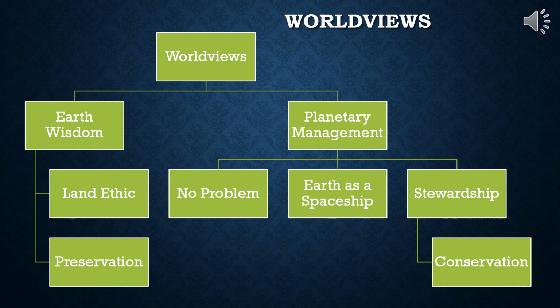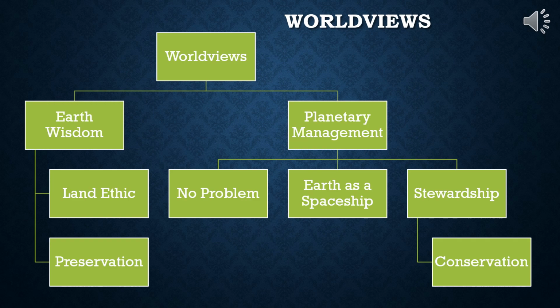The specific way that we talk about that is what's called the Earth Wisdom worldview. However, if an individual decides that humans and human society are the important piece, they typically have what's called a planetary management worldview. This typically puts humans at the top of the pyramid and says that because we have the capability to control the world around us, then we should.